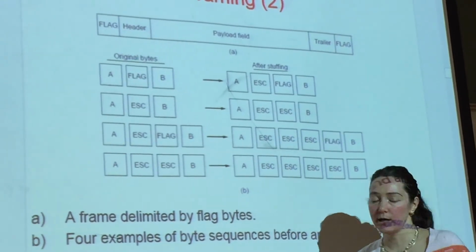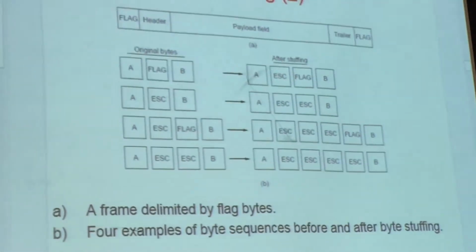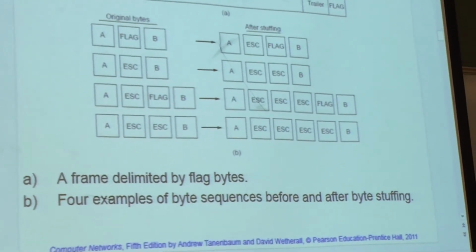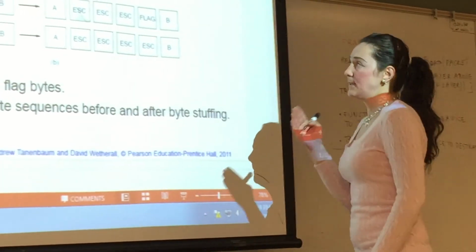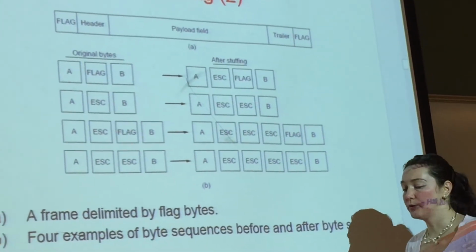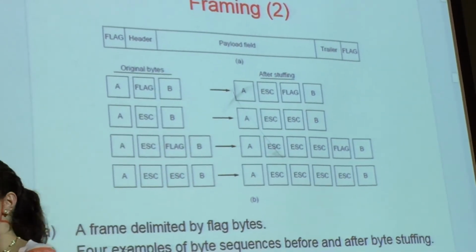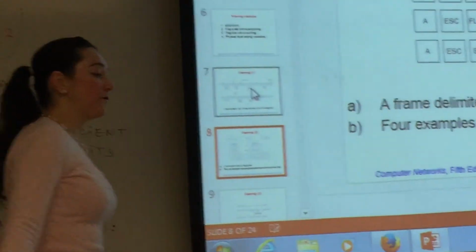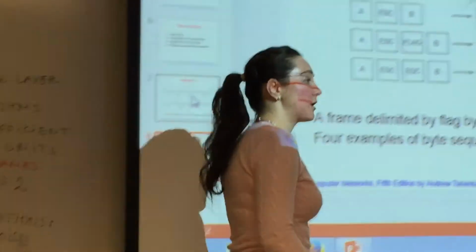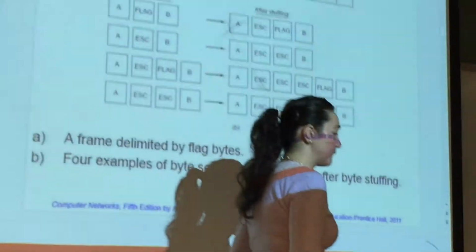But this kind of flag can happen in the middle of the data. So we want to avoid the previous problem, we want to have a flag in the beginning of the frame and in the end of the frame, so that if an error happens that destroys the beginning of the frame, it's okay because we know where the end is at least, and we can cut it off, and the rest of the frames that follow will be fine. We're not going to lose our order totally like we did in the first problem.